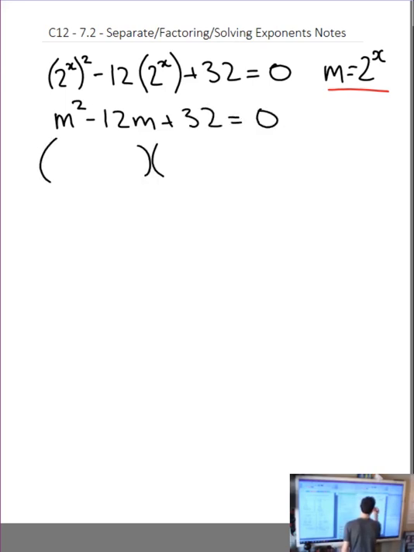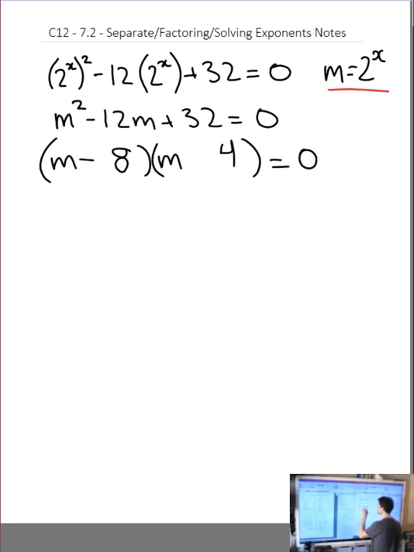I can now factor it. So two numbers that multiply to get 32 and add to get negative 12 are going to be 8 and 4, both negative. Now I'm going to slowly show less and less steps.